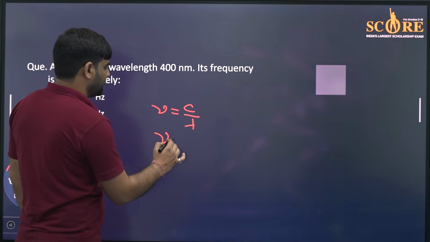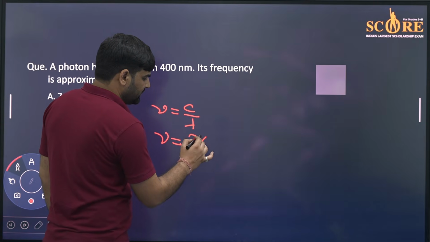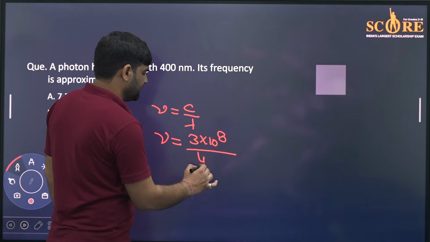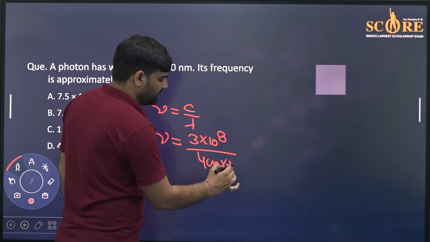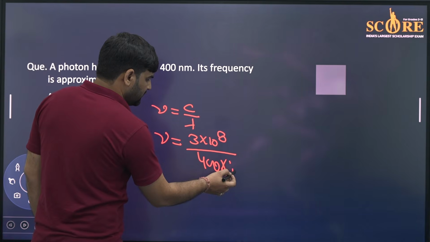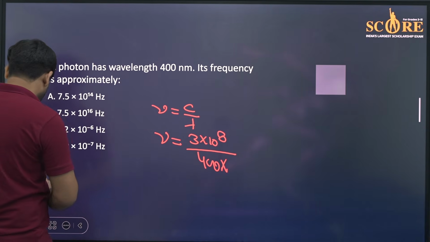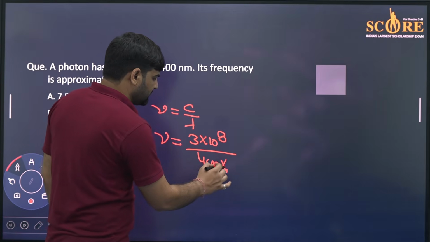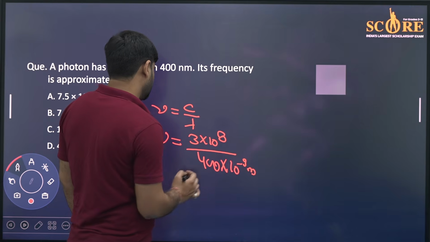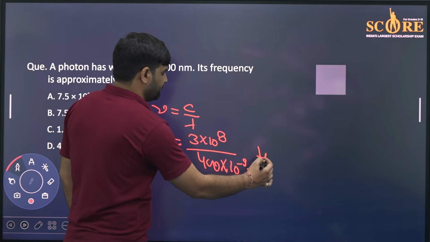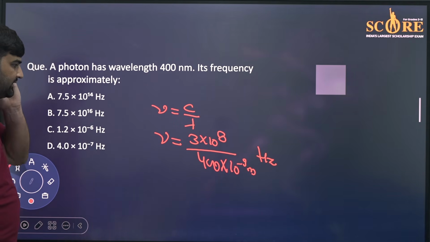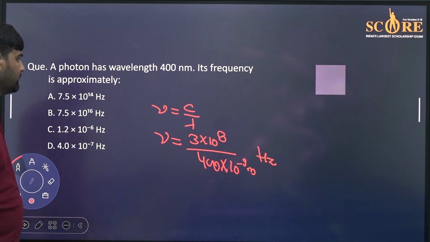You have to write nu equals 3 multiplied 10 raised to power 8 meter per second divided by lambda. Lambda is given in nanometer, you have to convert it into meter, and you know how we can convert this into meter. Nanometer is 10 raised to power minus 9 meter, then you will get the answer in hertz. So whatever the answer will be, you can check accordingly.